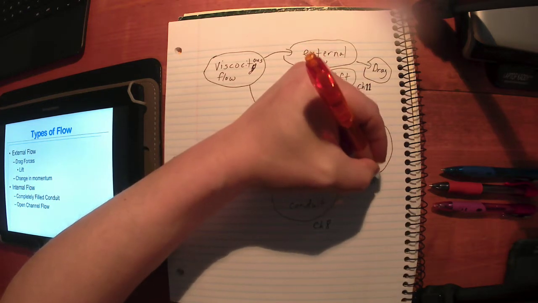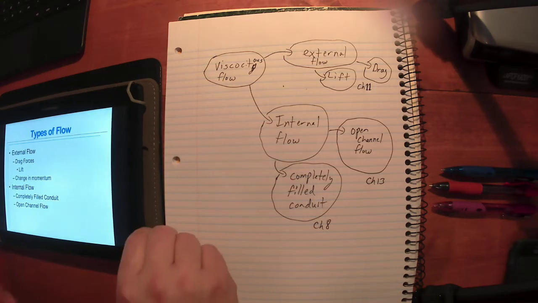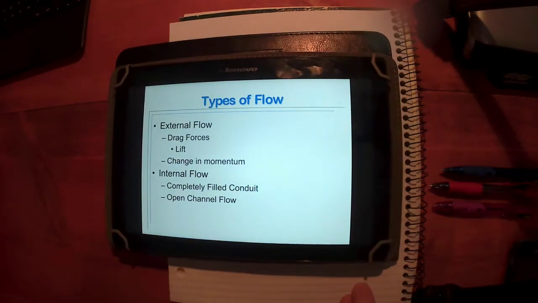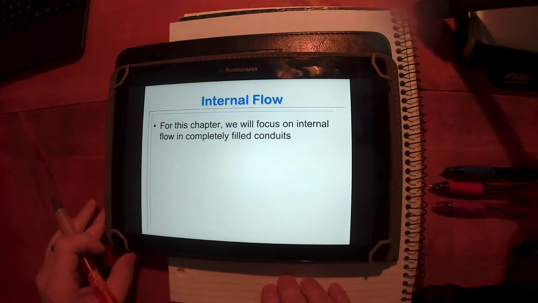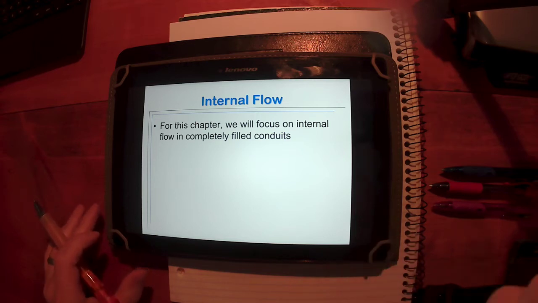And so the rules are a little bit different, and the models end up being a little bit different for that. For us, that's going to be Chapter 13. Again, if we have time, we'll look at that a little bit later. Okay? Let's see how the rest of the semester goes. So that's what we're looking at there. Now, so as I said, in this chapter, we're going to focus on internal flow in completely filled conduits.